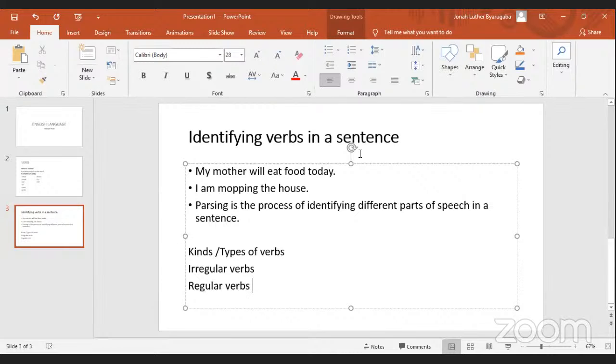Regular verb. Is there anyone else who knows any other type of verbs in English? He has called me when I thought I was late. So he has called me when he's at his home.